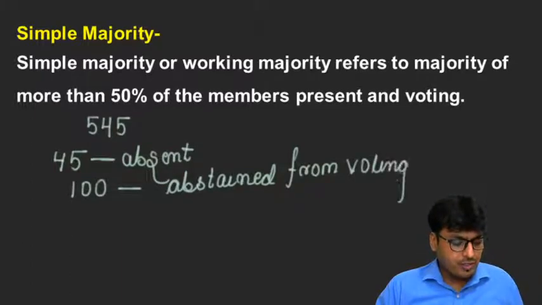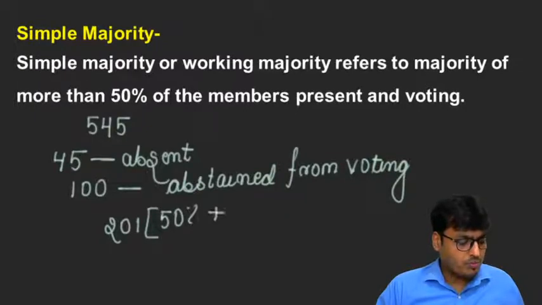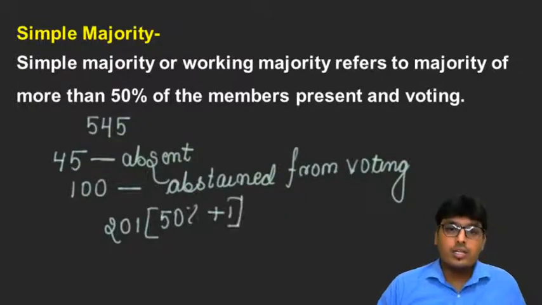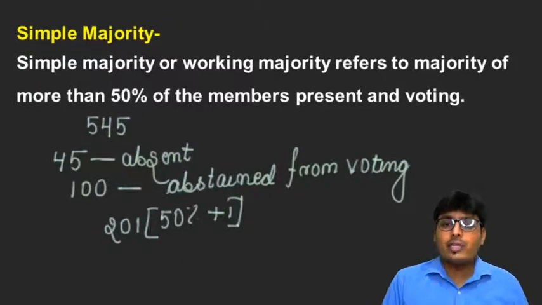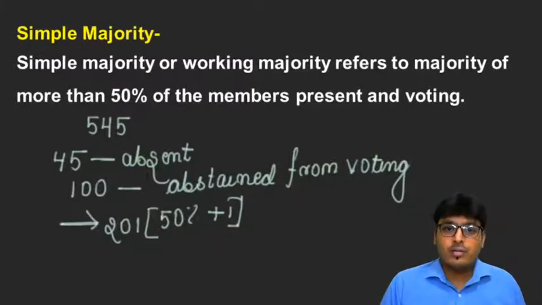So now the simple majority will be 201. That means 50% plus 1. Because now only 400 members are present and have voted. So the simple majority in this case will be 201.